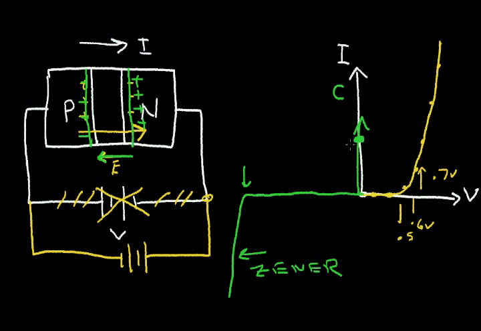As I increase the reverse voltage on the junction, the depletion region gets wider. So in the equation for the capacitance, epsilon times area divided by D, as I move down this curve here, the capacitance is decreasing because this D term, the depletion width, is increasing. So I get a nonlinear capacitance curve that looks something like this.